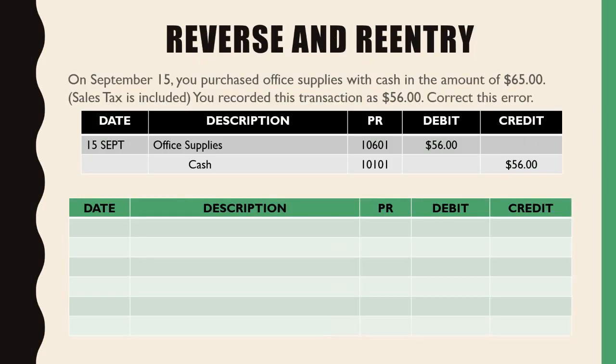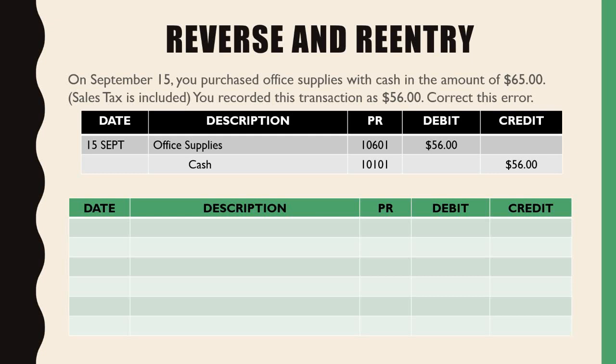So let's go ahead and do the very first one, which is going to be the reverse and re-entry. Okay, so in this case, it is September 15, and you purchased office supplies with cash, okay? With the amount of $65, okay? Now, in this case, sales tax is also included, okay?